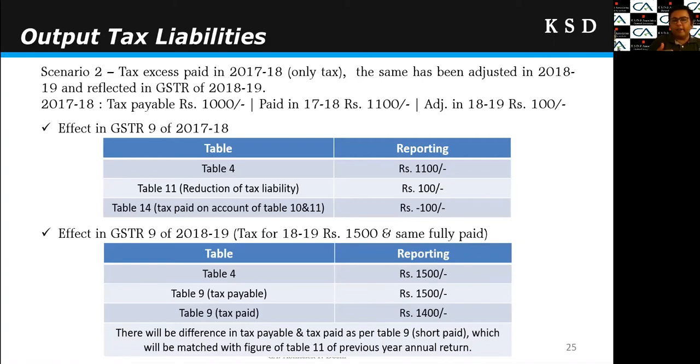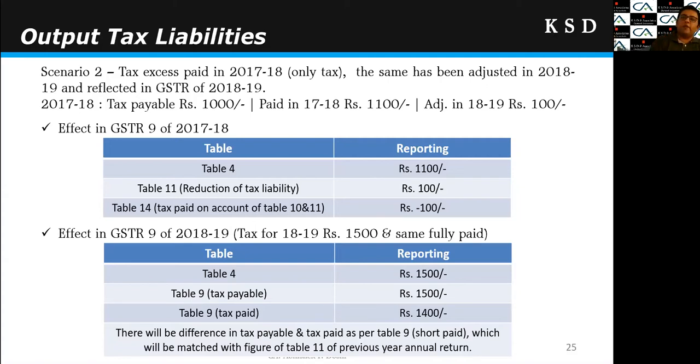Then the effect in GSTR 9 of 2018-19. What will we do in 2018-19? Assuming that the liability is 1500 rupees in 2018-19, in table 4 the figure of 1500 will come. Again in table 9, tax payable will be the same 1500.